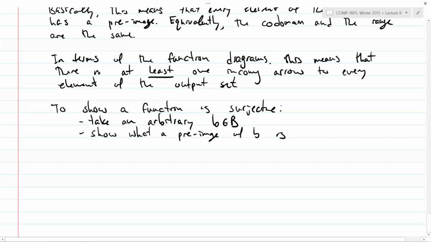So it could just be one, but it could be more than one. So what that really means is find an a in A such that f(a) equals b. And if b is arbitrary, this means you could have done it for any b, which means that it's true for every b. This is exactly like universal generalization. Yeah?